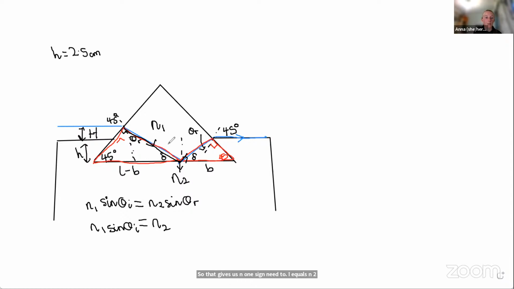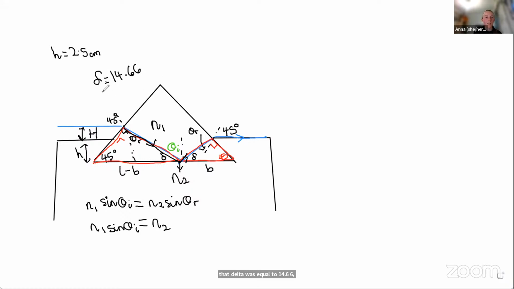And so we want to know the angle of incidence in this case, which is different to before, because before we had theta I on the outside of the prism, but this time we've got it here. So from before, we found that delta was equal to 14.66.